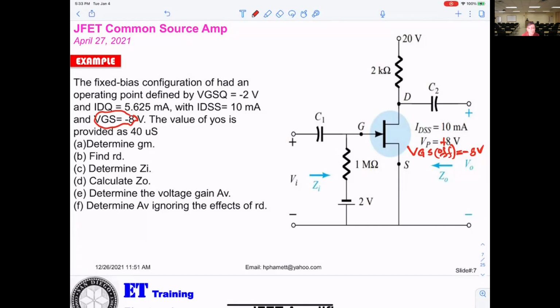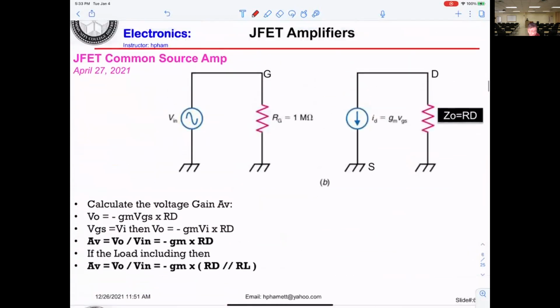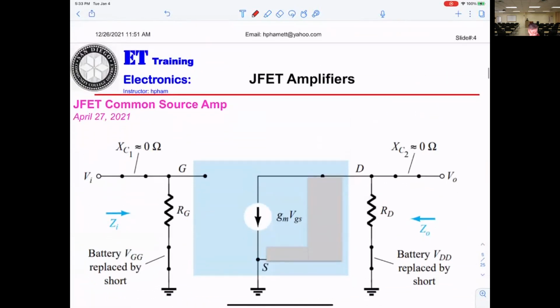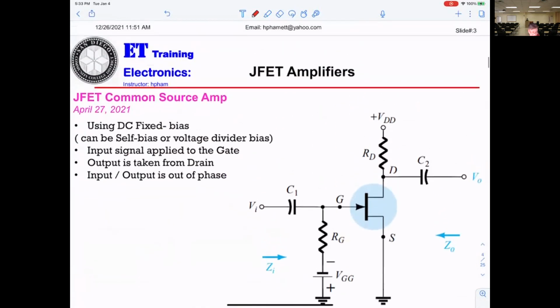For number B, we don't have to find that RD. That's an internal output resistance. If you want it, then you have to go back in here and try to find out.